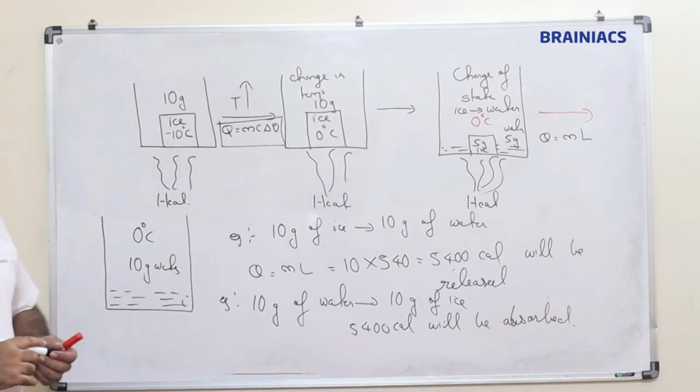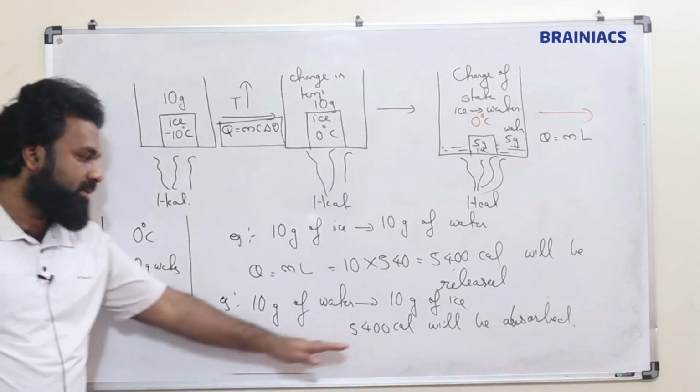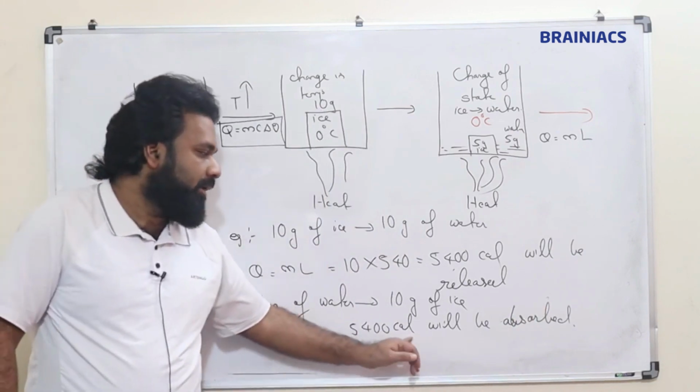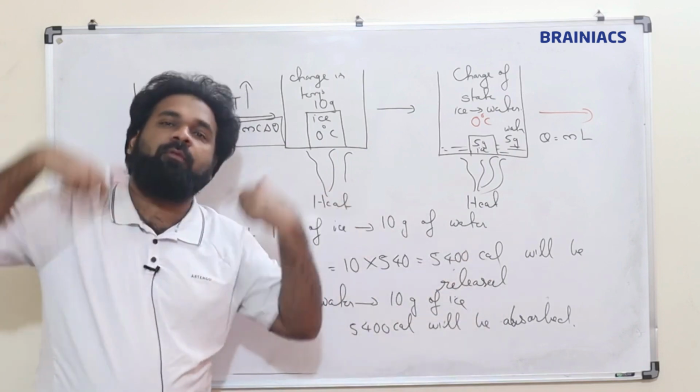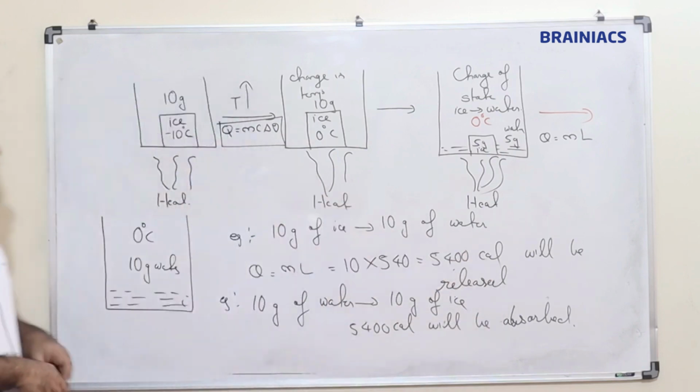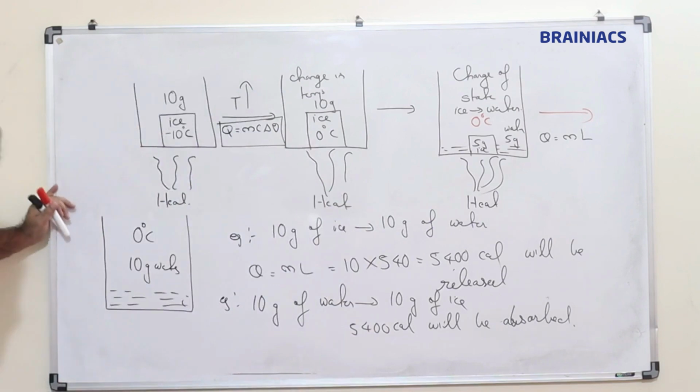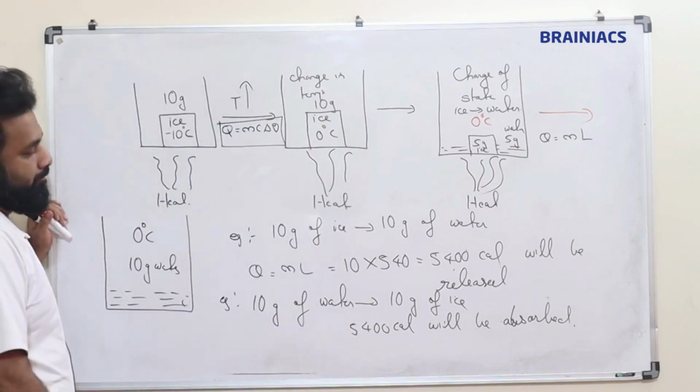Clear? Are you able to understand? 5400 calories will be absorbed and converted into water. Fine? Note it down.